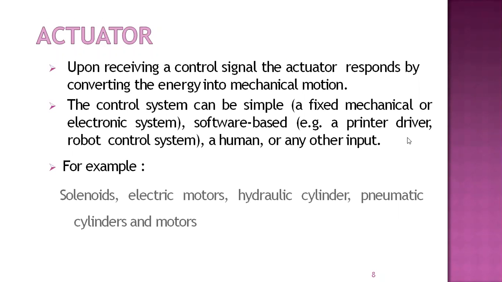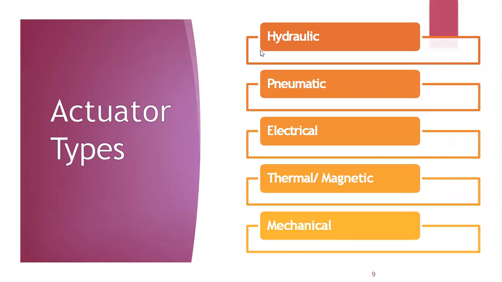Some examples of actuators are solenoids, electric motors, hydraulic cylinders, and pneumatic cylinders or motors. The types of actuators are hydraulic, pneumatic, electrical, thermal, magnetic or mechanical.